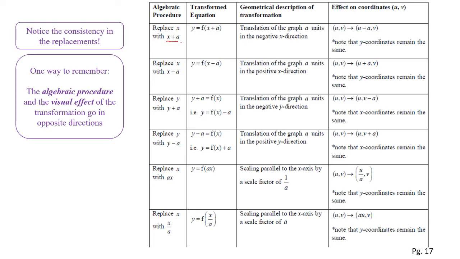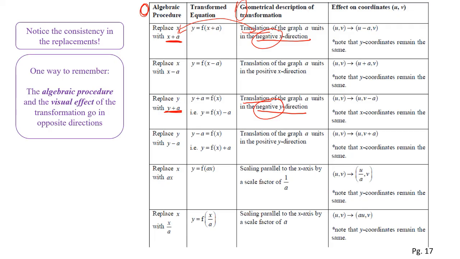Notice that when we replace x with x plus a, I do a translation in the negative x direction. If I apply that same logic here, replace y with y plus a, you find that it's also a translation, but in the negative y direction. The fact that this moves in the same manner is very comforting for me, because then I know I can always rely on the idea that there's an opposite effect happening between the algebraic replacements and the geometrical transformation.